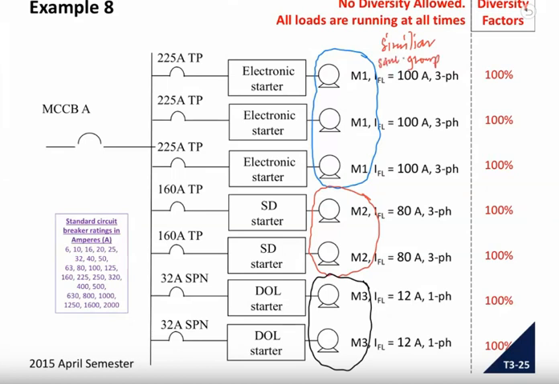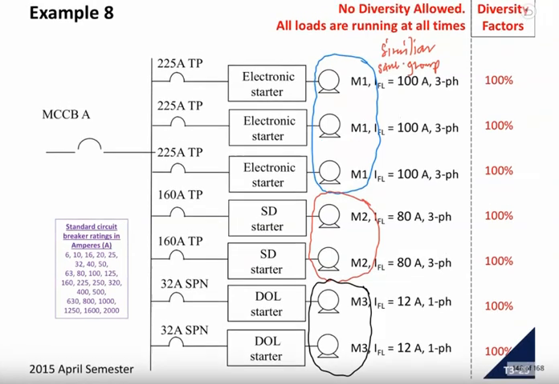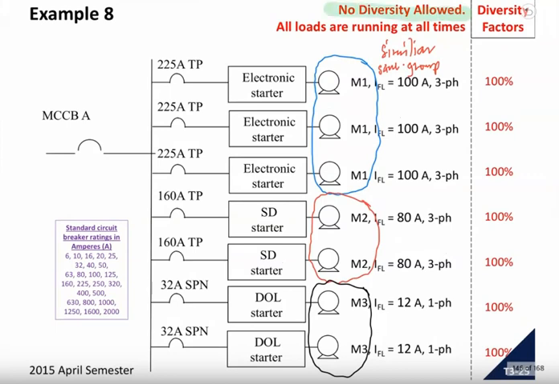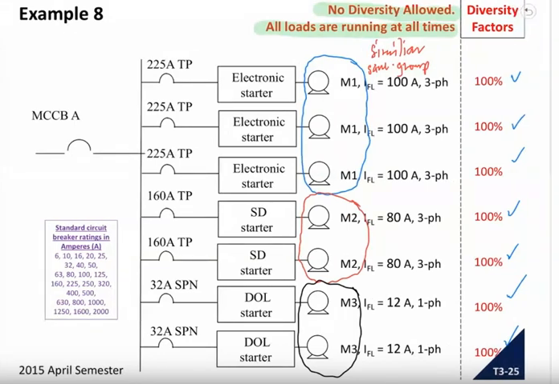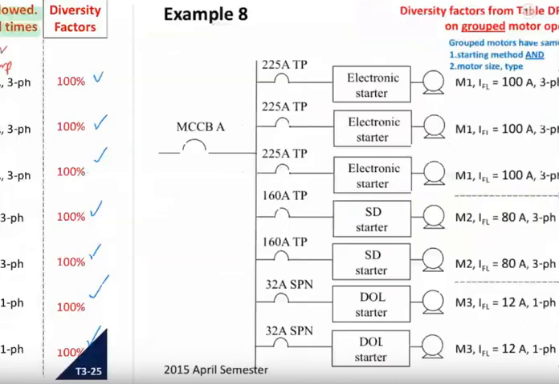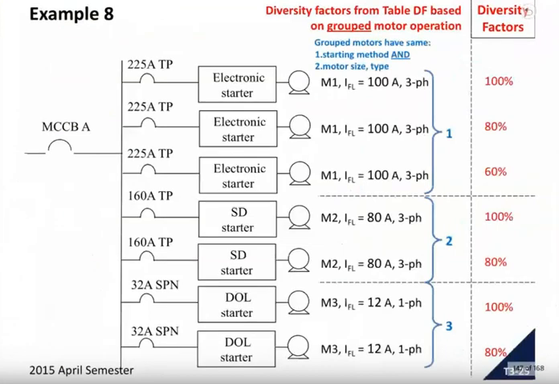Okay. In this case, if we are not going to apply diversity, okay, just want to highlight here, no diversity allowed, all loads are running at all time. So we will have 100% of all the full load current. And if we were to apply the diversity factor from table DF, it will look like this.